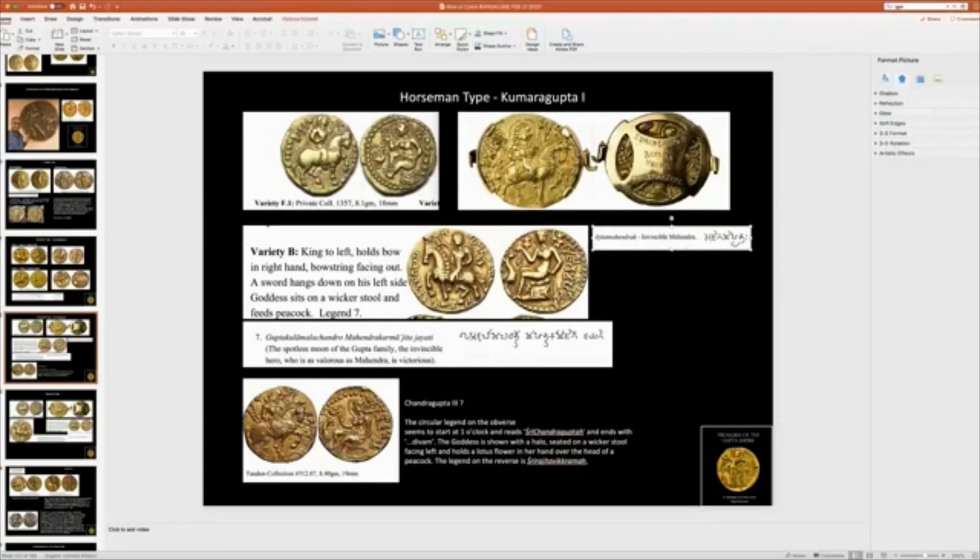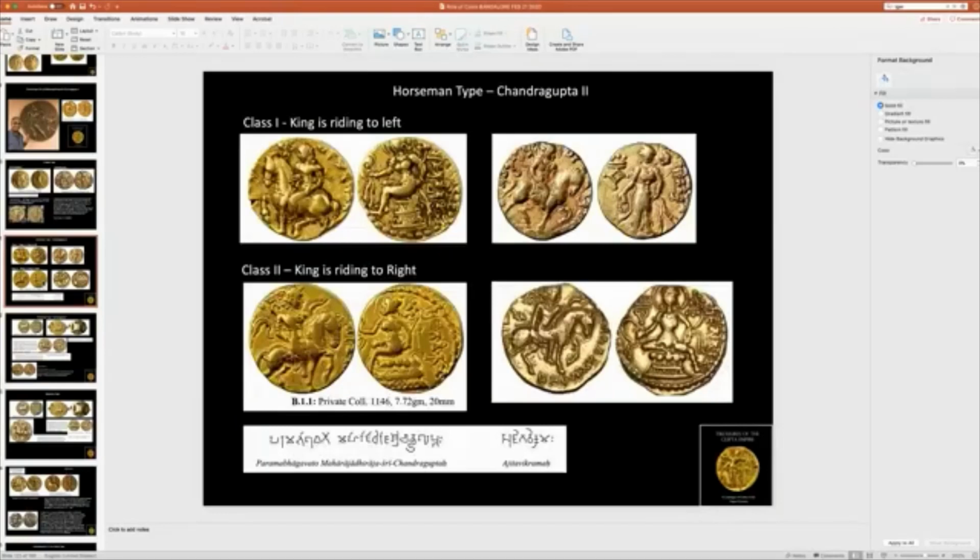And here we see the goddess is seated on a moda, on a wicker stool, and she's feeding grapes to a peacock, right? On the Chandragupta II coins, she's holding a pasha in her hand. She's holding this like a beaded mala in her hand. There's no peacock on the Chandragupta II coins, of course.